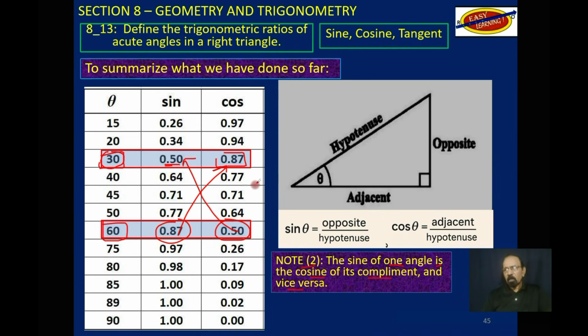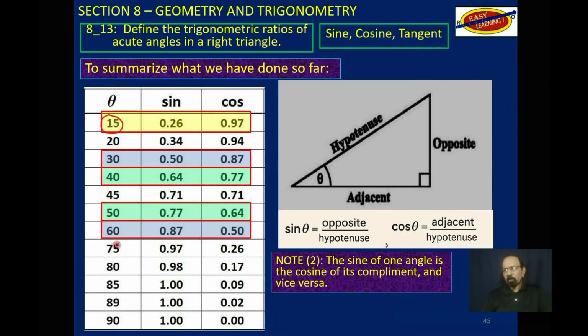That's one example. The next example is 40 and 50. Those two will add up to give you 90. They are complementary. Notice 0.64 here and 0.64 there, and 0.77 here and 0.77 there. And one more, 15 here.